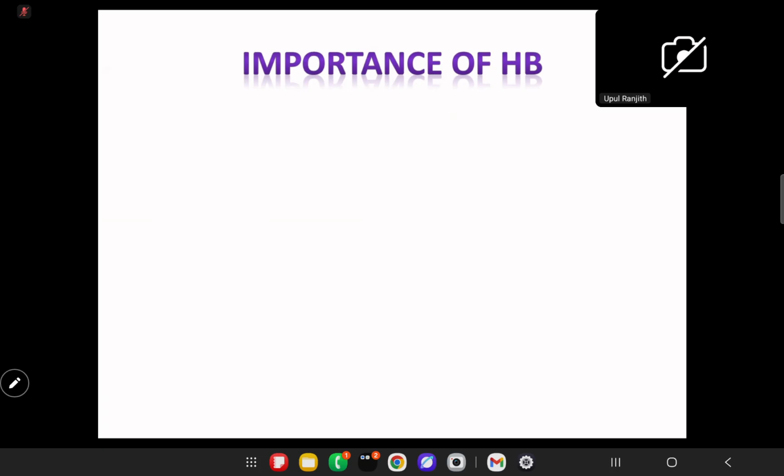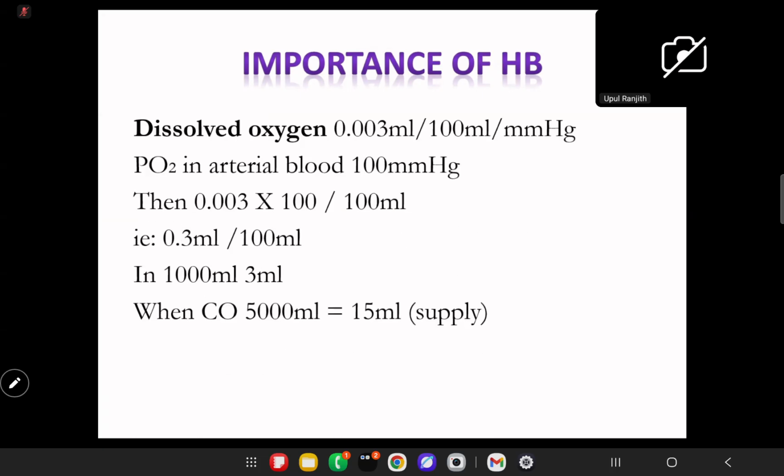Now let's see why it is so important to have hemoglobin for oxygen carriage. I said the dissolved form is only 0.003 ml per 100 ml per millimeter of mercury. You can see from this calculation, a very minute amount, right?